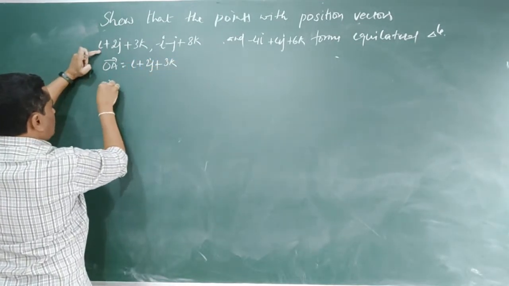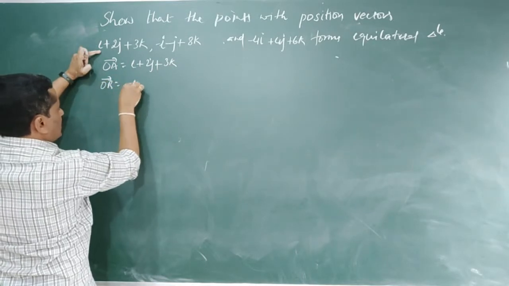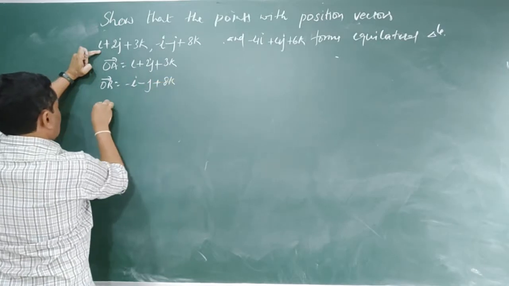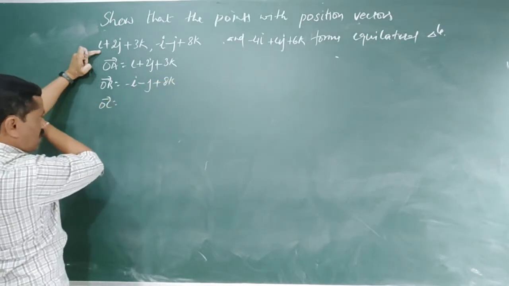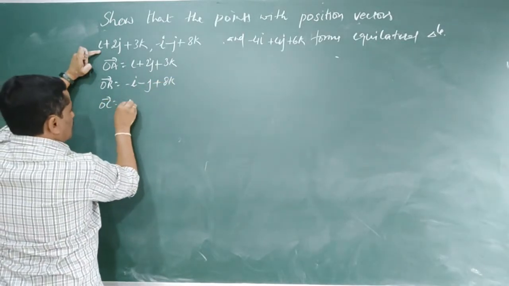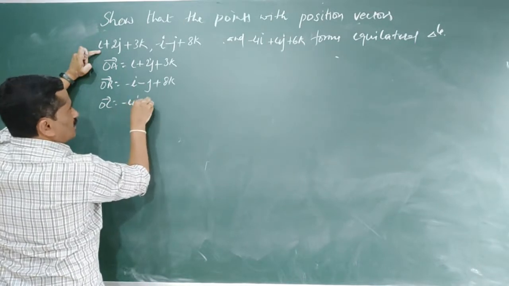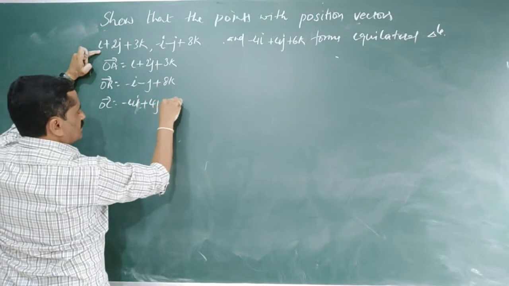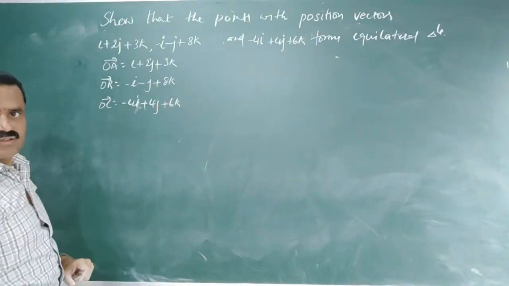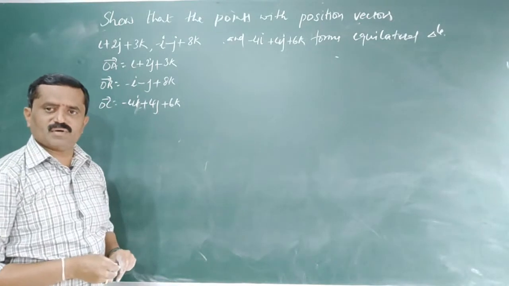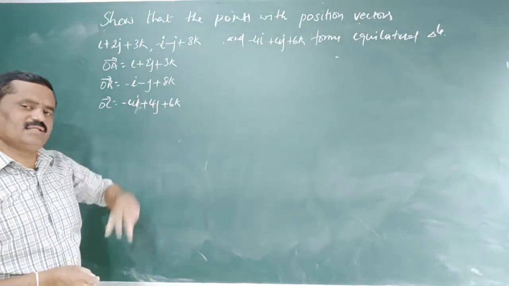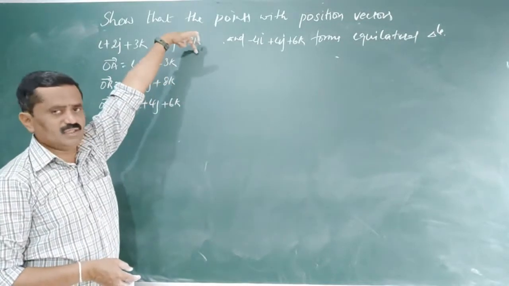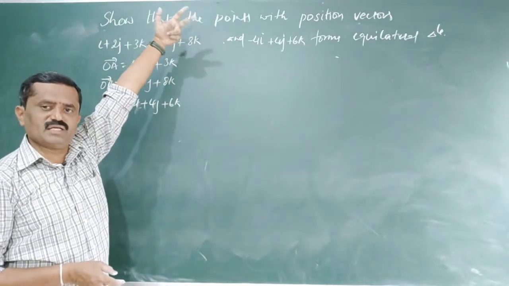OB bar is equal to minus i minus j plus 8k, and OC bar is equal to minus 4i plus 4j plus 6k. So we need to find AB bar, BC bar, CA bar and their magnitudes. If their magnitudes are the same, then we say that these position vectors form an equilateral triangle.